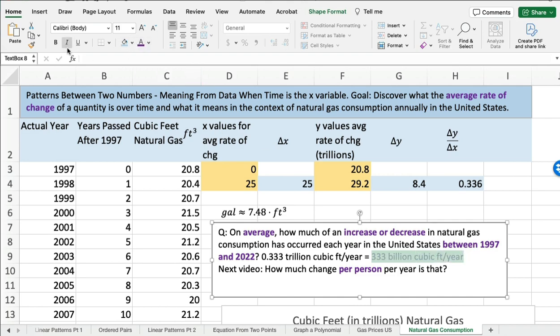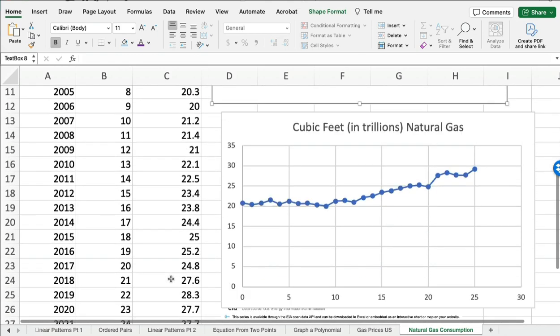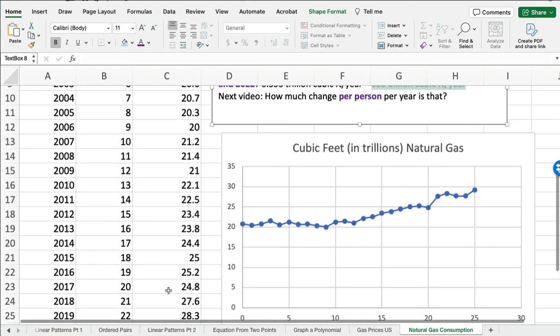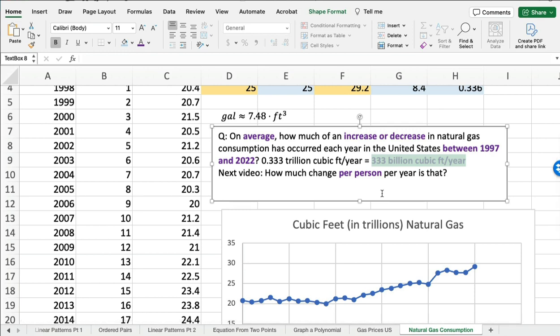Basically, the way we interpret that is this: if you start with 20.8 trillion in 1997, we would have to keep adding 333 billion cubic feet every single year to that in order to get to the final amount of 29.2 trillion in 2022. So basically, it stretches it out.